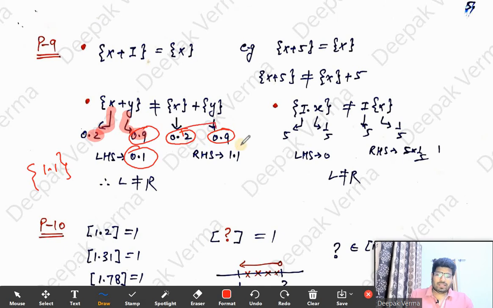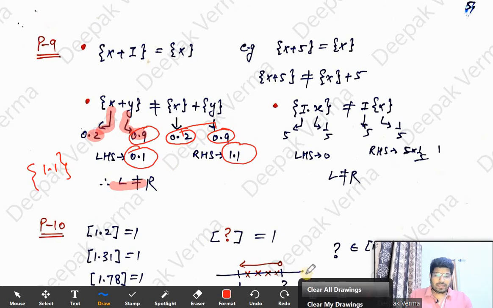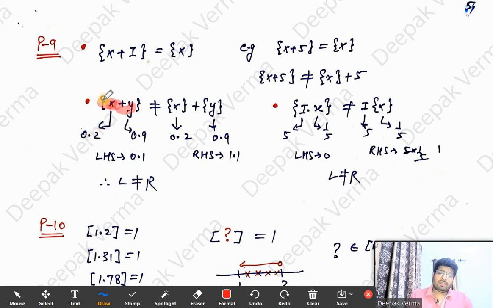Now add, we get 1.1. So you can clearly see the left hand side is not equal to the right hand side, hence this is not verified. So if we write the fractional part of x plus y equals the fractional part of x plus the fractional part of y, this will be wrong. Not equal to. Got it?